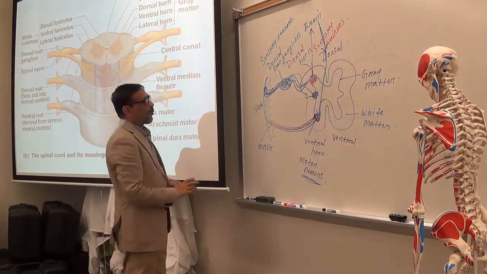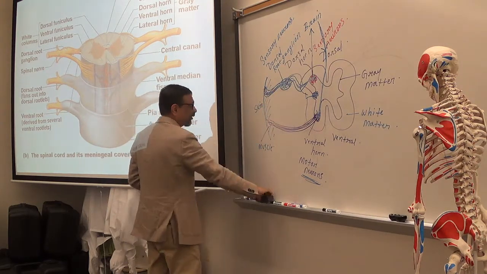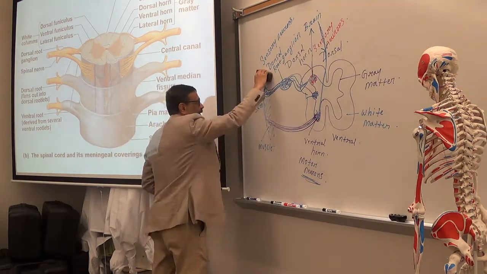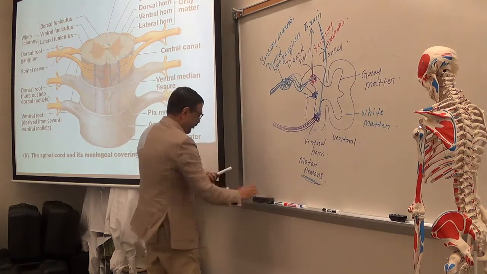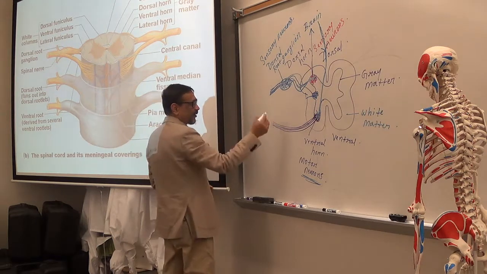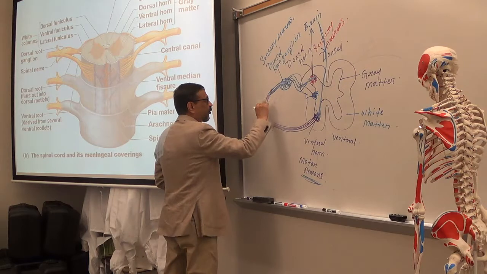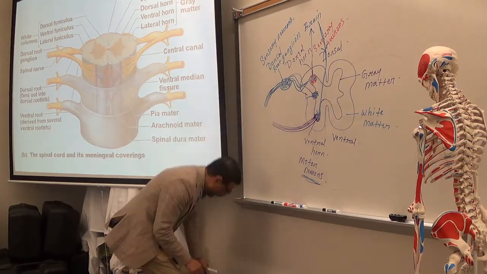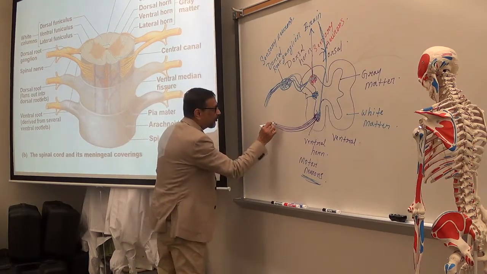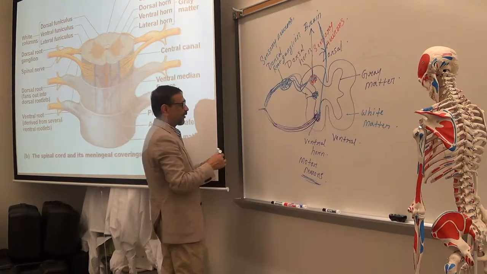Now, one thing happens before they go to the muscle. I didn't show that one. Let me change here a little bit. So what happens before they go to the muscle? These two branches join together. They are united.